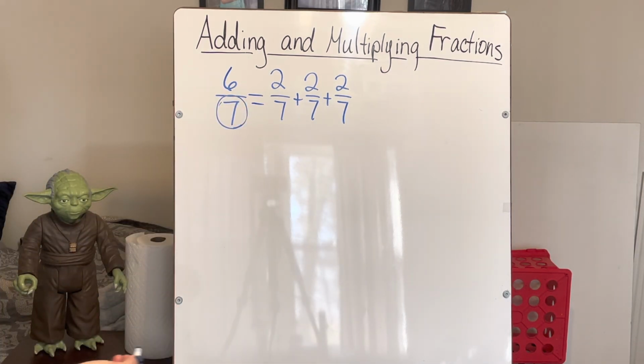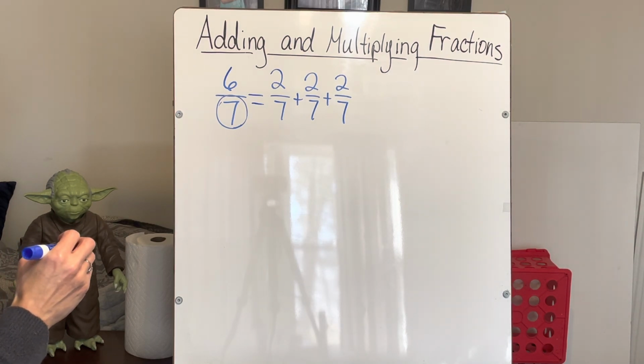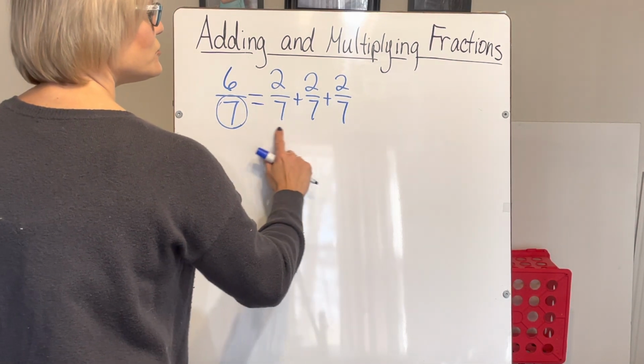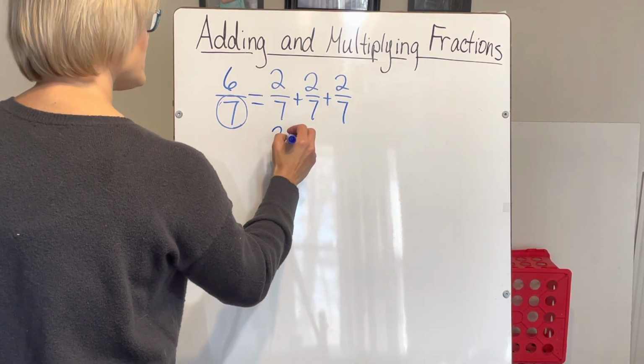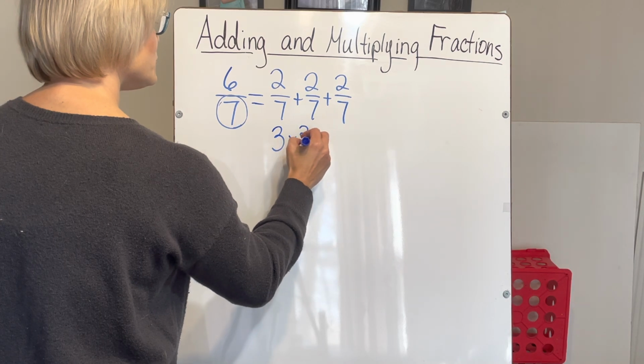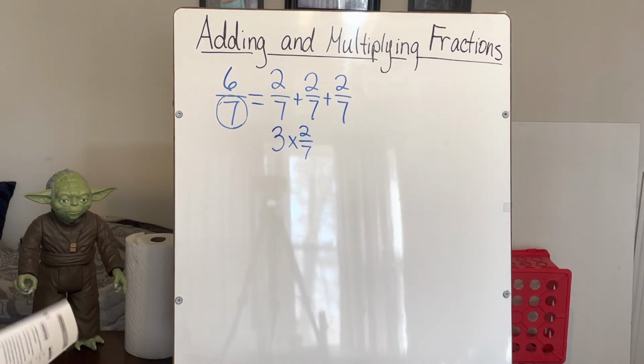So there's my addition. Now how can I change this and make this into multiplication? Well, how many 2/7 do I need? I need 3 of them. 3 times 2/7. So 3 times 2/7 gives me 6/7.